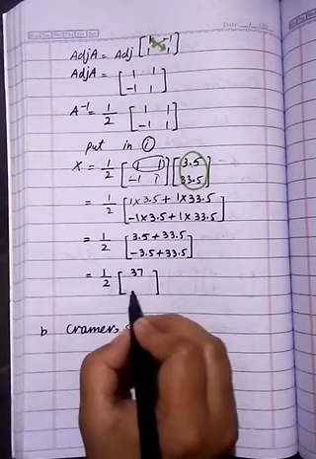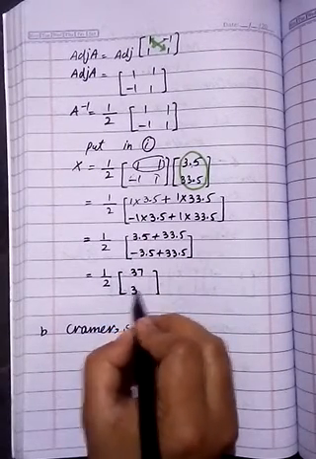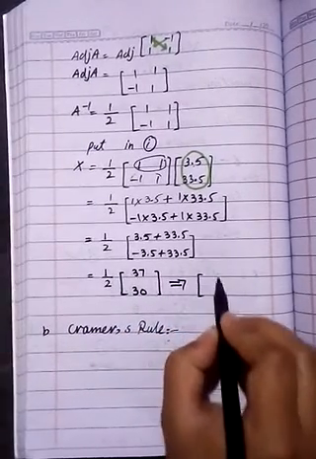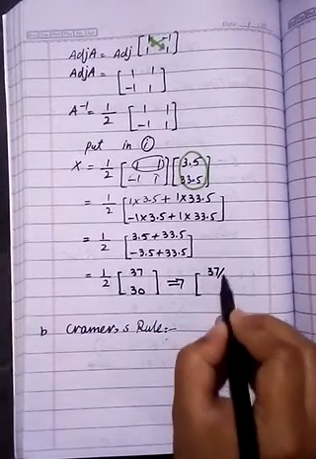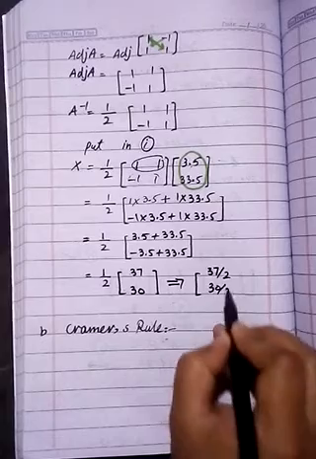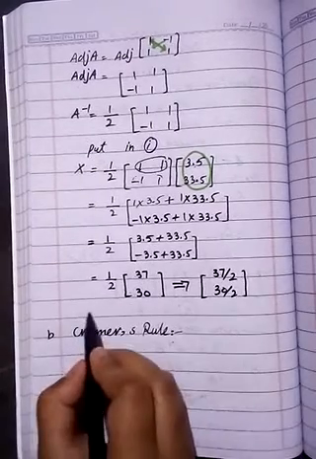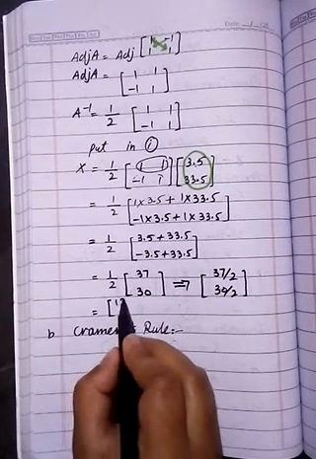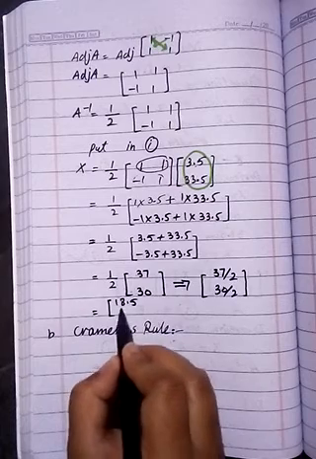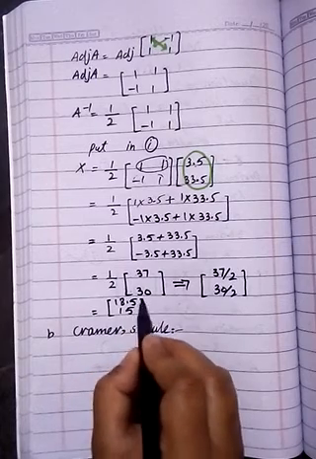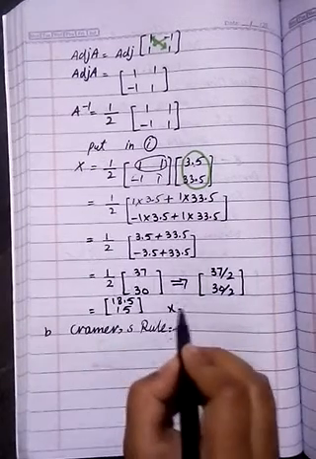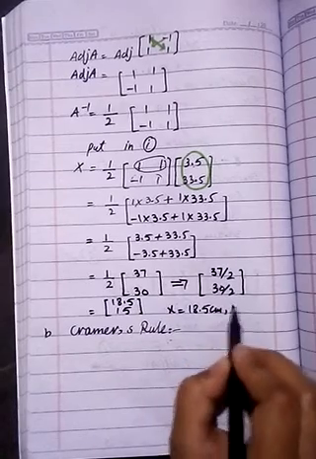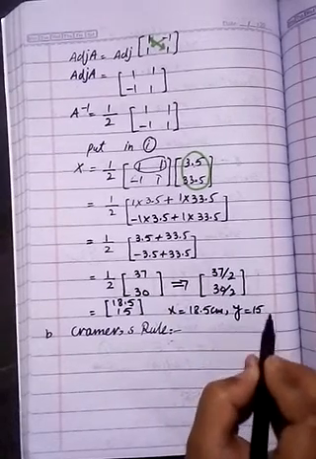Now you subtract, then it becomes 30. So you have to divide each entry by 2. 37 divided by 2 is 18.5 and 30 divided by 2 equals 15. So you can write the answer: x equals 18.5 centimeter and y equals 15 centimeter.